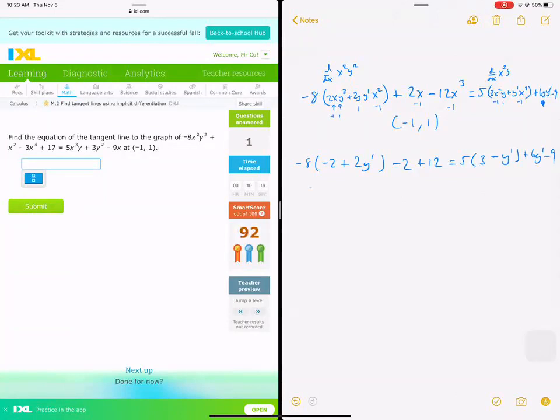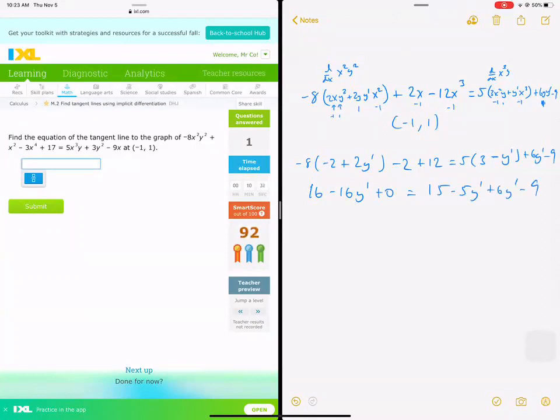If I multiply this out, it's going to be 16 minus 16 y prime minus 2 plus 12 is, I'll write that as positive 10 equals to 5 times 15 minus 5 y prime plus 6 y prime minus 9.